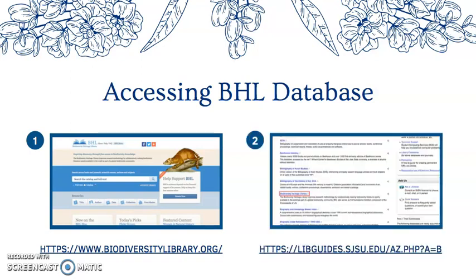Second, you can make your way to the SJSU King Library webpage of databases by typing in this link, libguides.sjsu.edu/az.php?A=b, and clicking on the Biodiversity Heritage Library link. Either method will take you to the BHL portal, where you can begin to conduct a basic or advanced search.